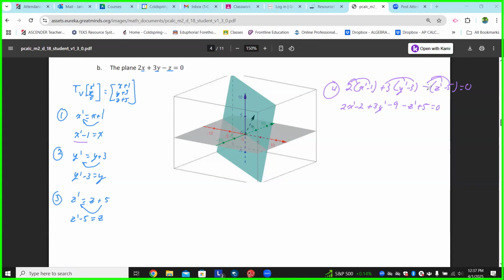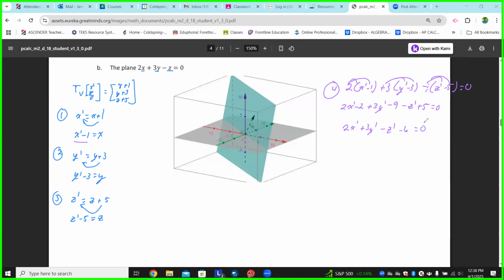Make sure you apply it as if it was a negative. Combine like terms. We get 2x prime plus 3y prime minus z prime. What's that? Negative 2, negative 11, negative 6. We good with this so far?